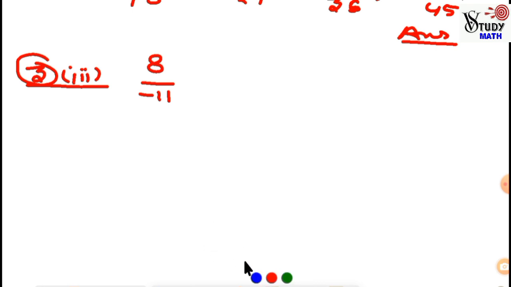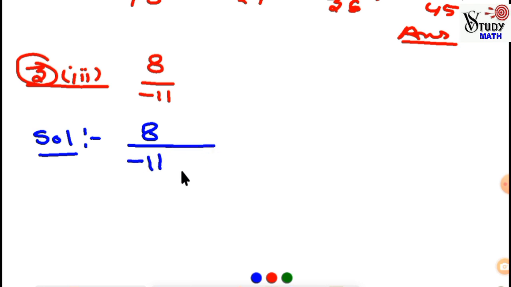Here the denominator is negative, so the concept is that we have to make the denominator positive. For that I multiply the denominator by -1, so I also multiply the numerator by -1, and after multiplying we have -8 upon 11.